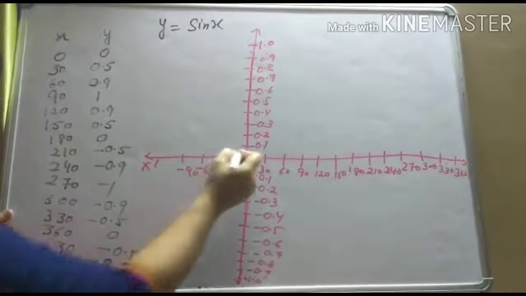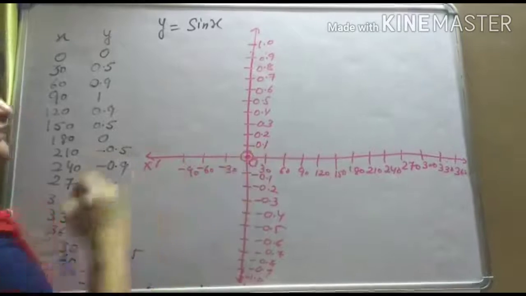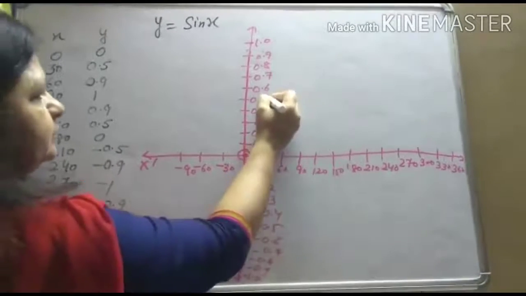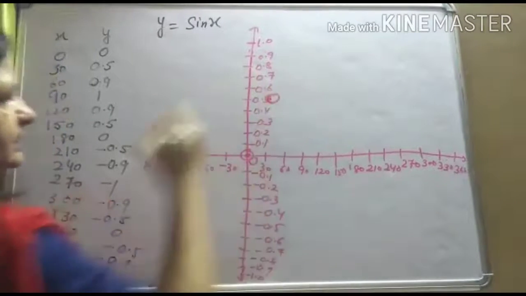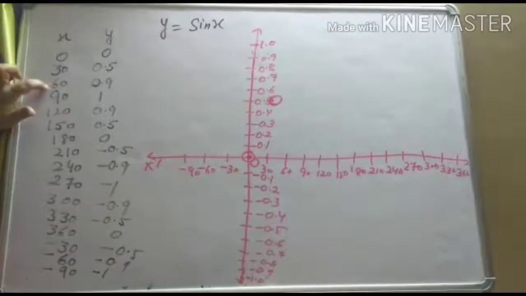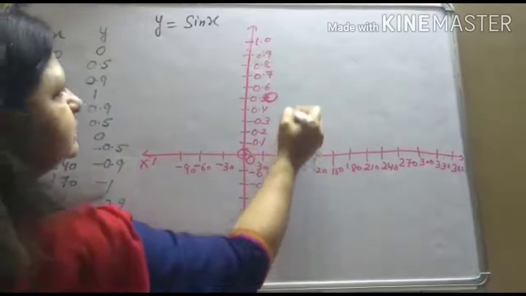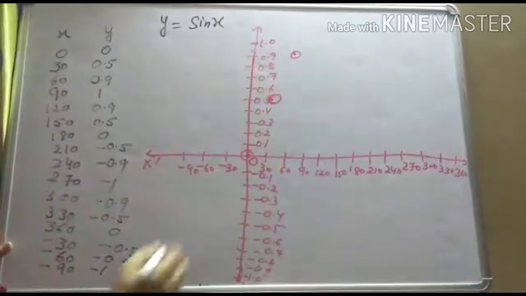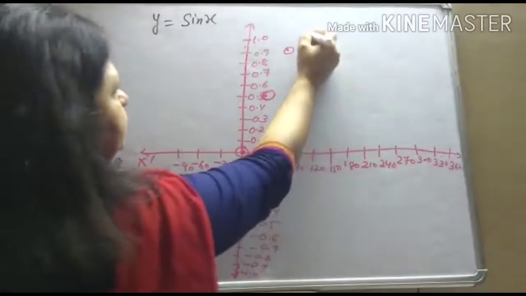Now 0, if x is 0, then y is 0. If x is 30, y is 0.5. Somewhere here 60 is 0.9. Then sine 90 is 1.